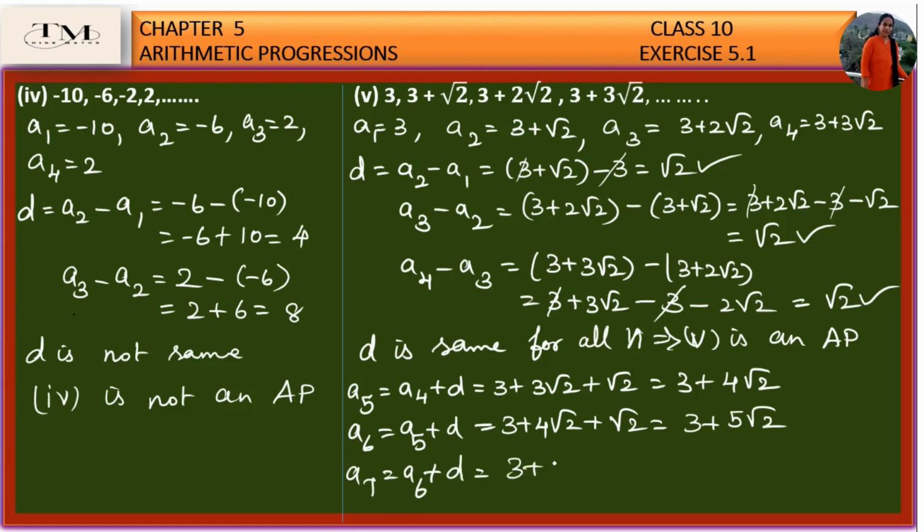It is 3 plus 5 root 2 plus D is root 2. So 3 plus 5 root 2 plus 1 root 2. So 5 plus 1 it is 6 root 2. So these are the next 3 terms for this arithmetic progression. Okay, I hope you can understand. So I will move on to the next problem.